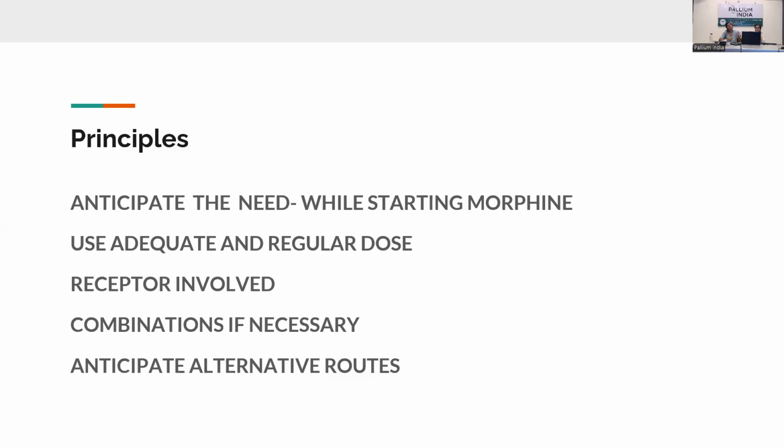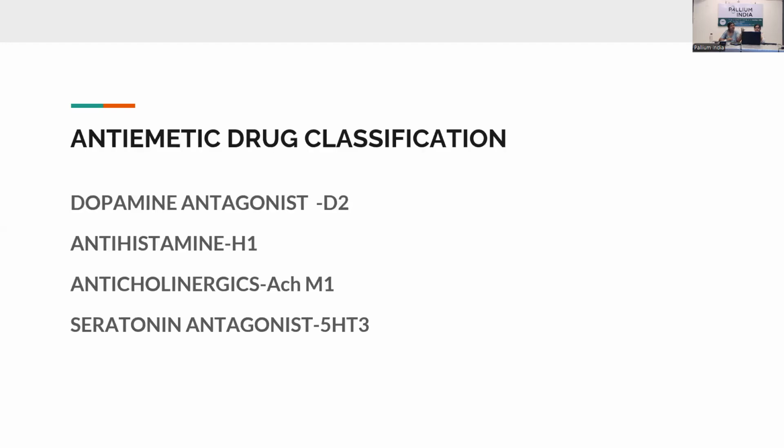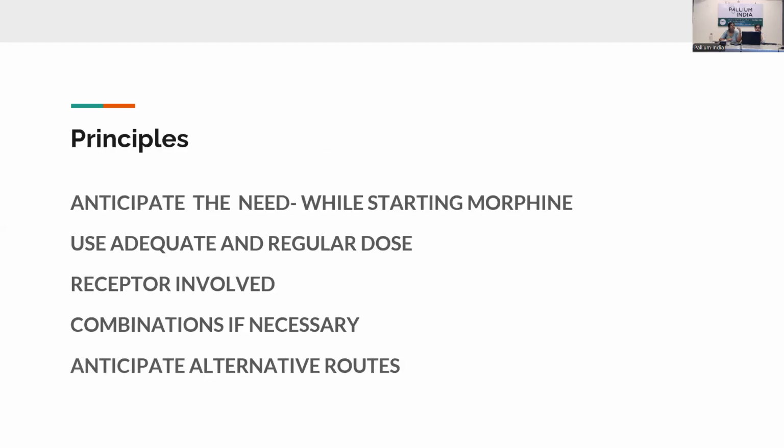Receptor involved, like I already told, the last two things. Combinations if necessary. What is a combination? Sometimes you use one drug, you use ondansetron TDS, and the patient is not getting good relief. Then you have to add certain other antiemetic also. That is according to the need.